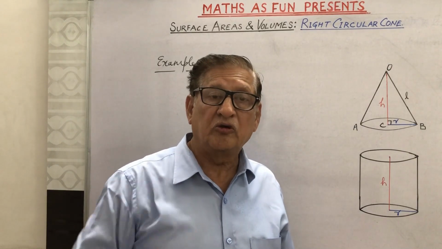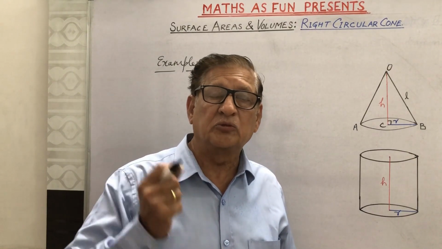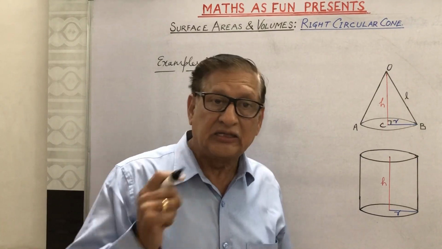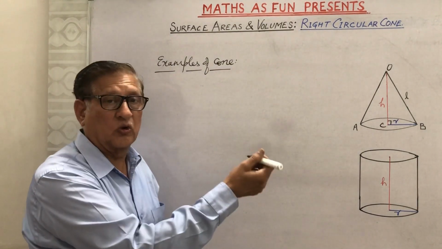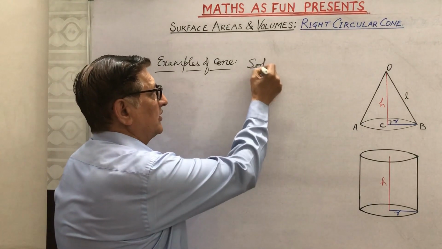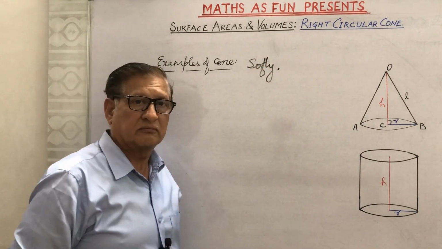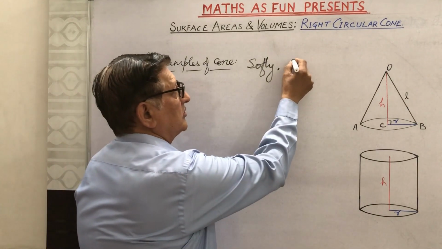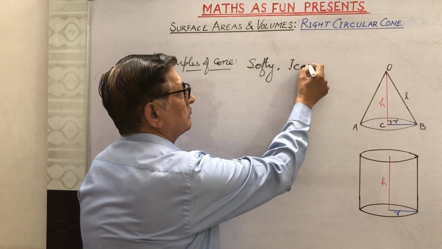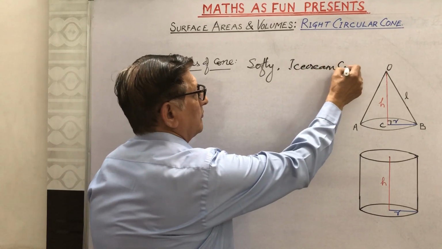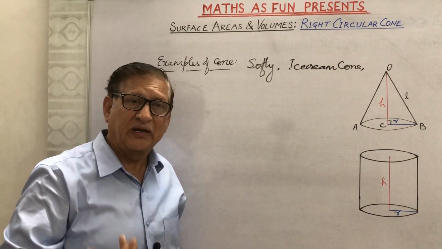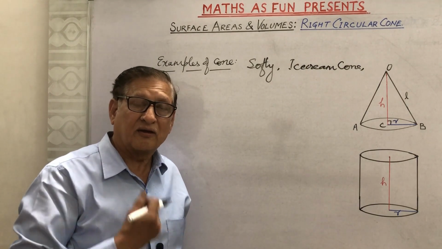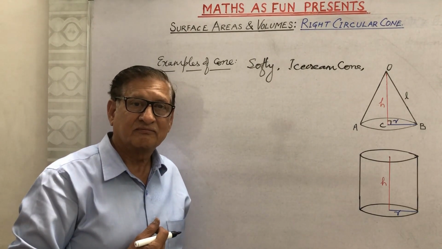Before going to the volume of a cone, let's learn about some examples of cone what we find all around us. The best example for the cone we find around us is a softie. Then the ice cream cone. We use many times. Very nice ice cream cones we get and we find them very tasty.